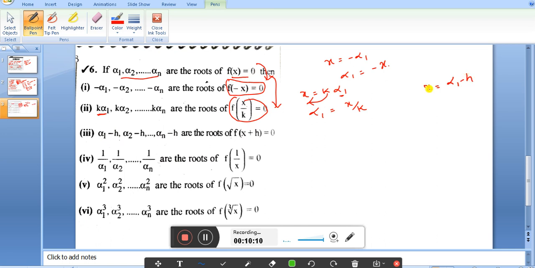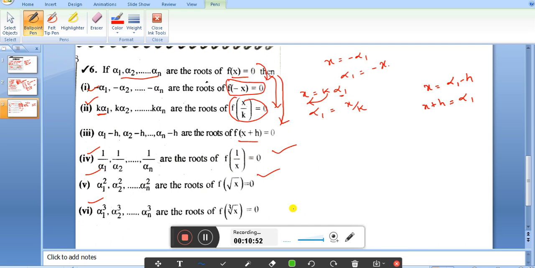Minus h sent to the left side, x plus h equals alpha 1. So this transforms to f of x plus h, and when square is there, square root, when cube is there, cube root. These are the reciprocal actually. 1 by alpha 1, 1 by x, reciprocal equation. And this is a squares equation, a cubes equation, reciprocal equation, k times equation, negative expression equation.